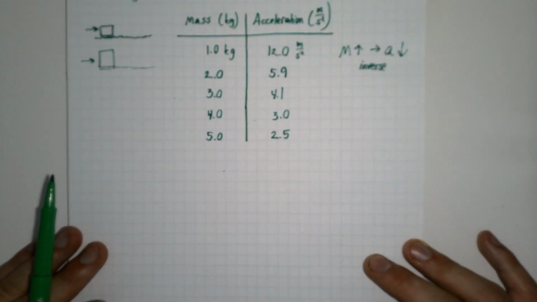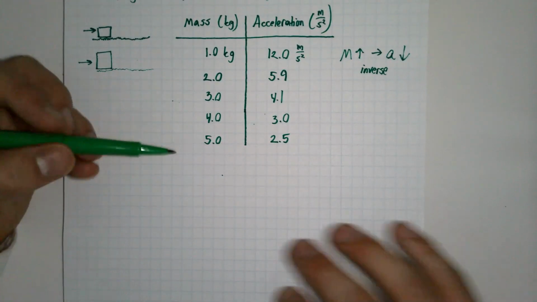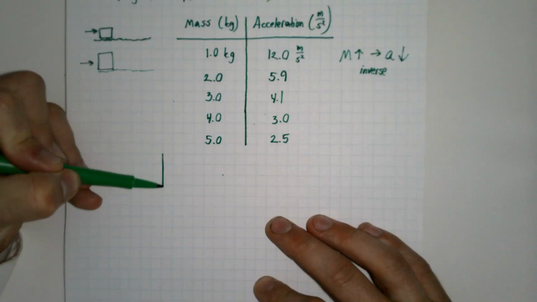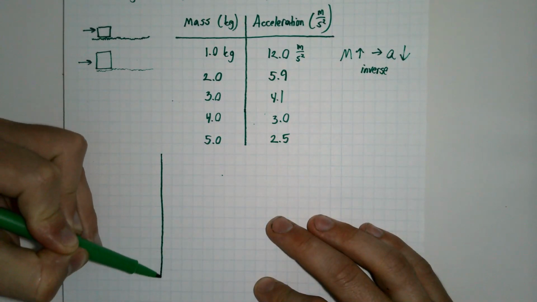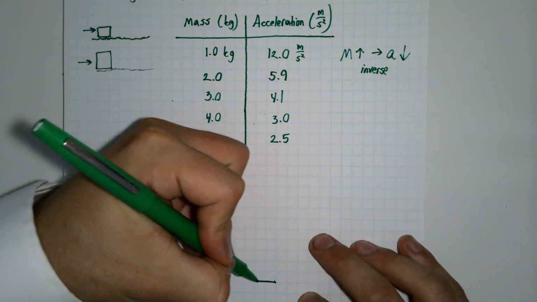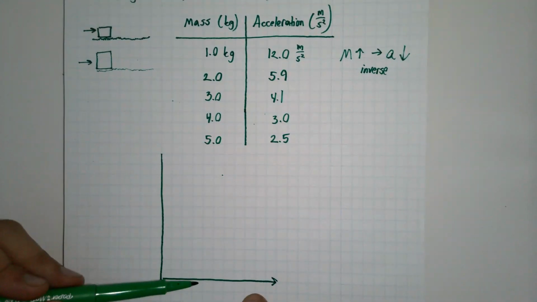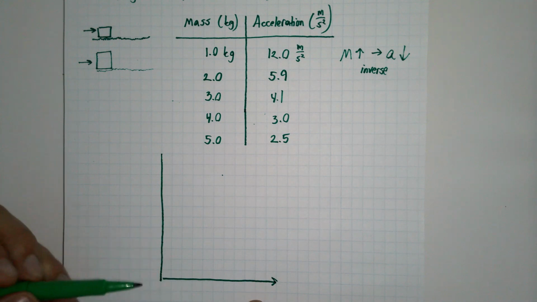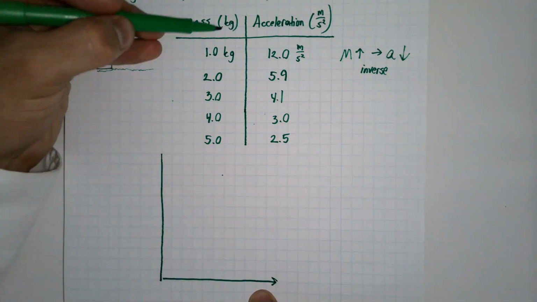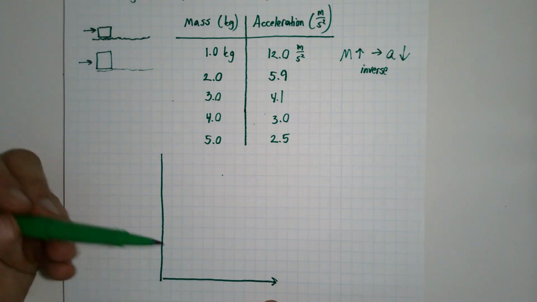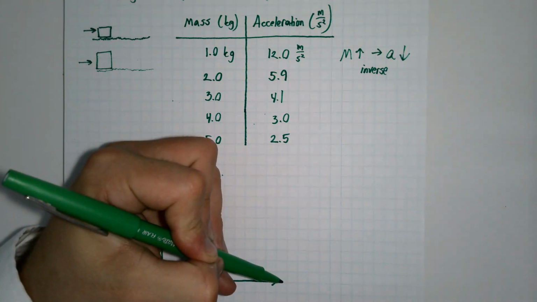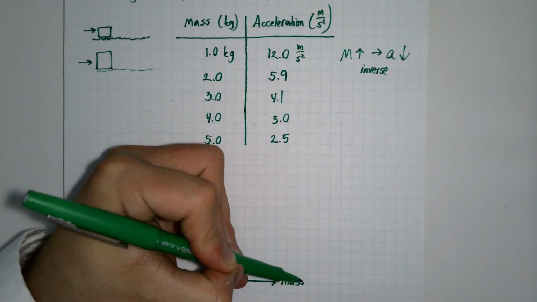So I still have my data right there. Draw a graph to describe this data. I have on my independent variable axis, which is my x-axis, that is my mass. My independent variable, the variable that I'm changing, is mass measured in what units?